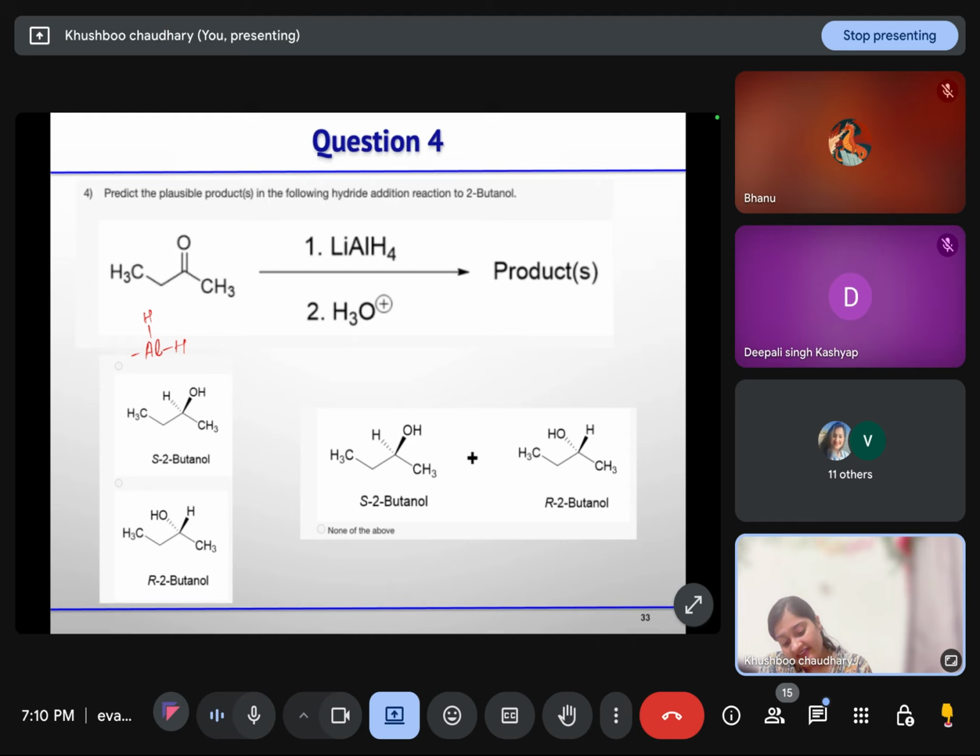Whether you can apply the Felkin-Anh model in this, to predict which one is the major product and which one is minor. At least say yes or no. Can the Felkin-Anh model be applied?